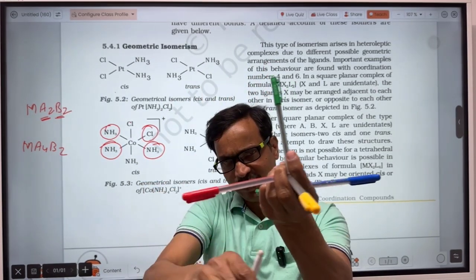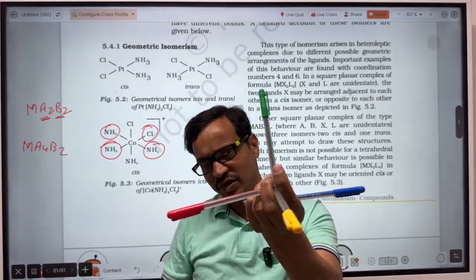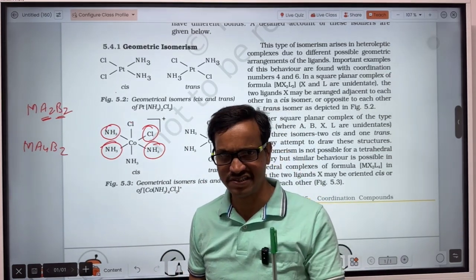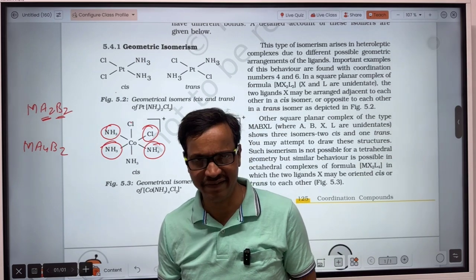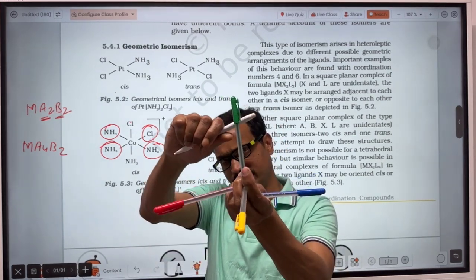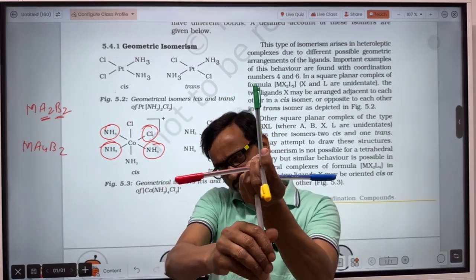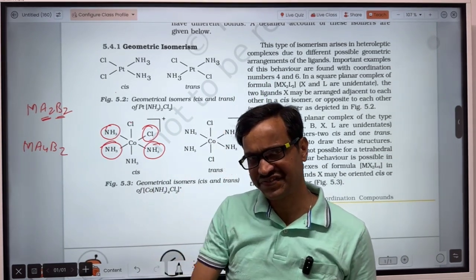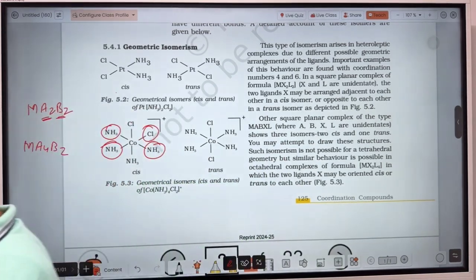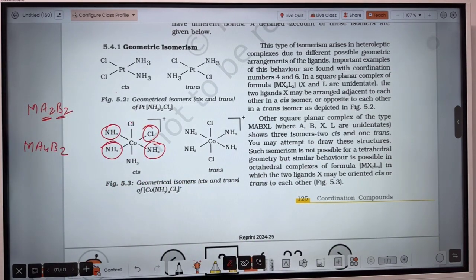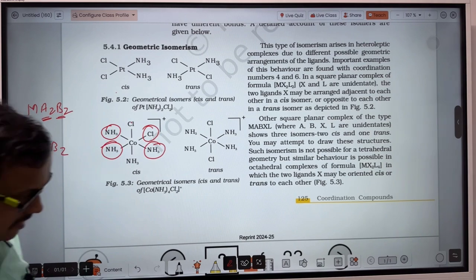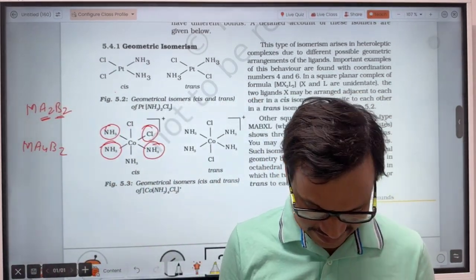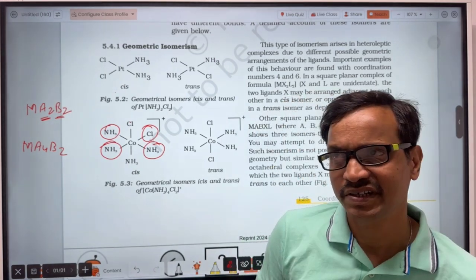So if above and below, you will have to consider in the case of the Ma4B2 type, the compound will be cis or trans. In that case, you will have to check whether the ions or molecules above and below are the same or different.